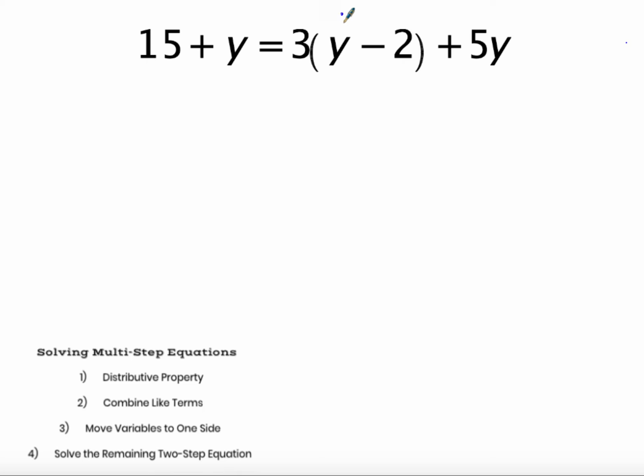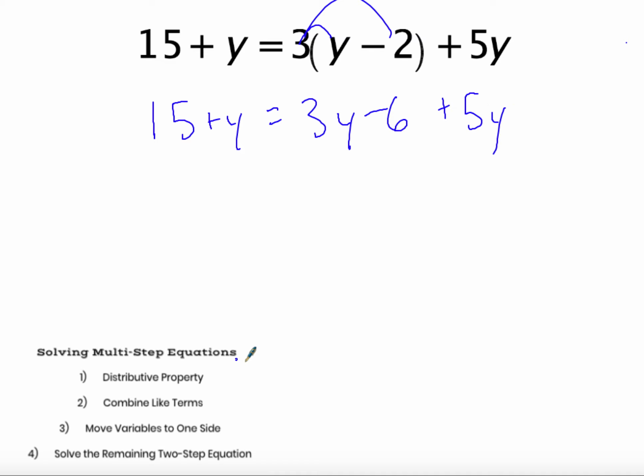All right, final equation, bottom right. Distributive property first. 15 plus y equals 3y minus 6 plus 5y. Combining like terms, we have 3y plus 5y, which is 8y minus 6.